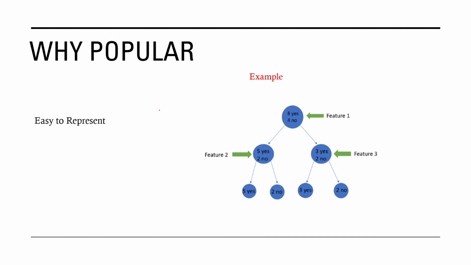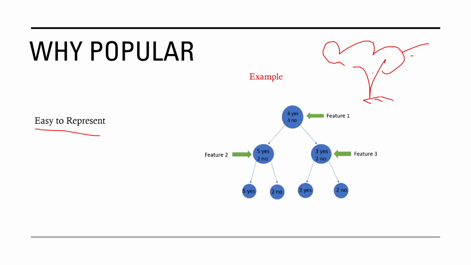So why is the decision tree very popular? Well, it is easy to represent. In our tree, in the ground there is the root, and this is leaf, and this is called branching.